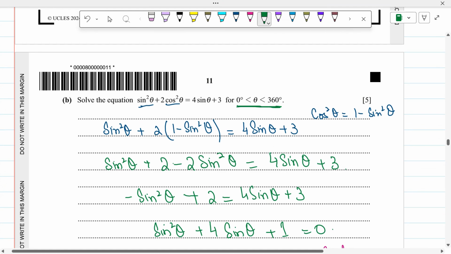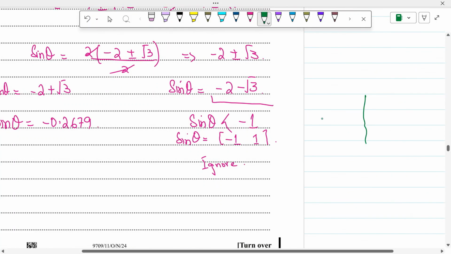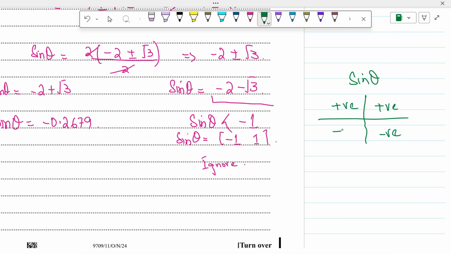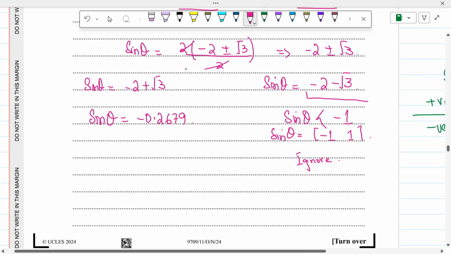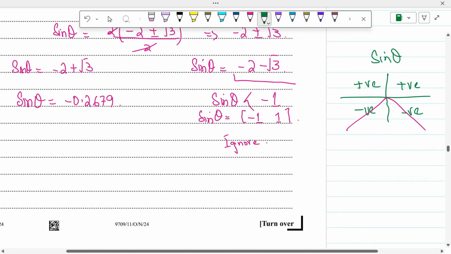This is a negative value, and we need to find all values which satisfy this range, which is from 0 to 360. We know that sine of theta is positive in the first and second quadrants and negative in the third and fourth quadrants. So this value, -0.2679, is negative, so theta should lie in the third and fourth quadrants.